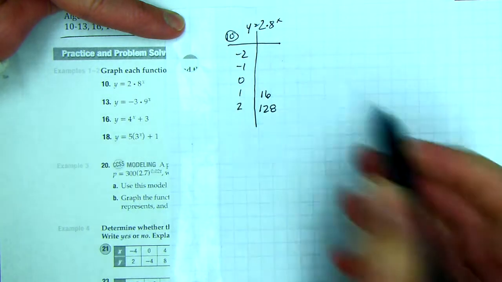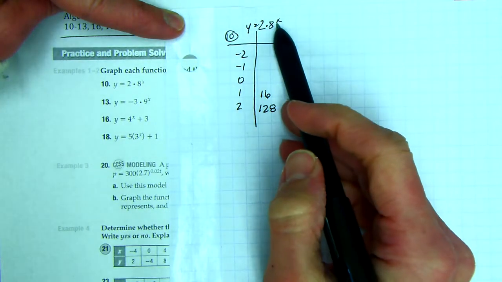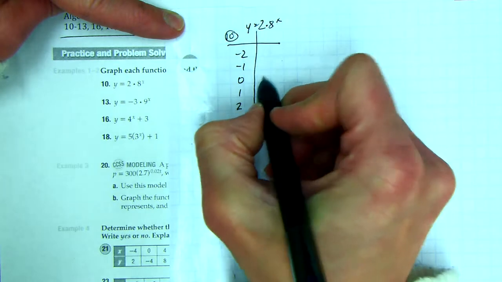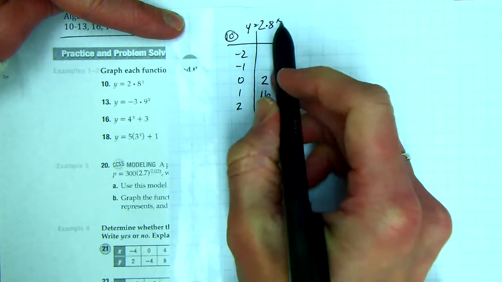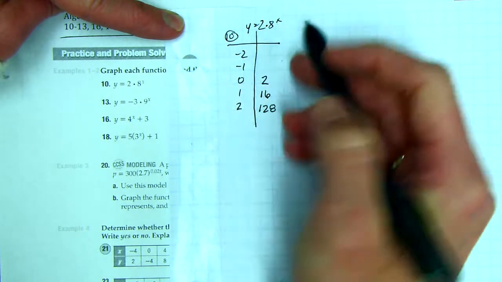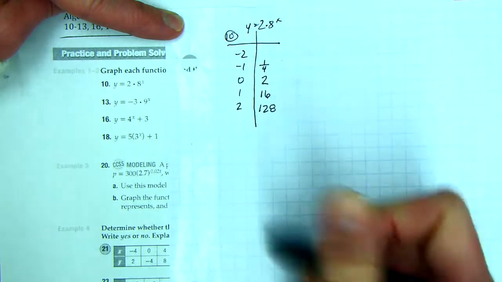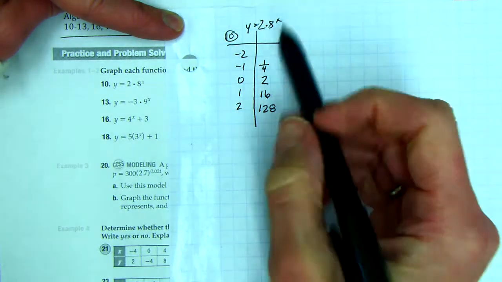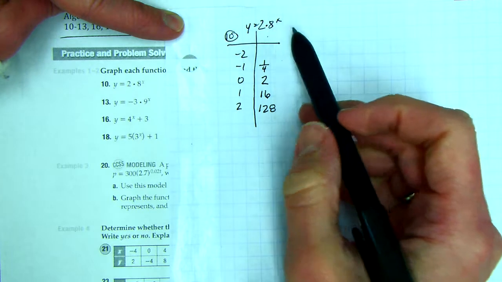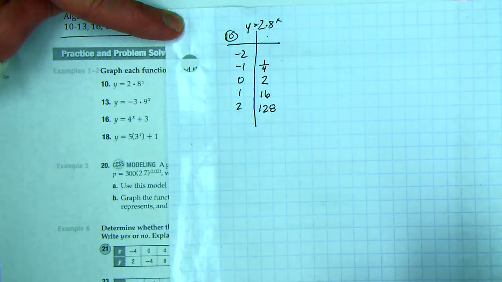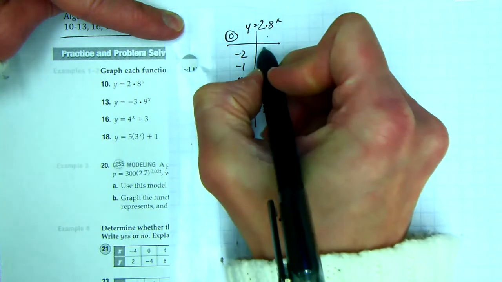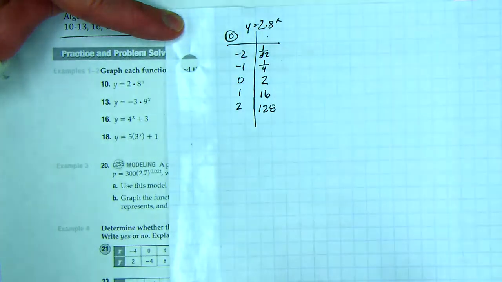Zoiks. If I put 1, that one's easy, this one's going to be 16. Then 0 is going to make the 8 to the 0 equal 1, and 1 times 2 is 2. If I put -1, that becomes a 1/8, and 1/8 times 2 is 1/4. And if I put -2 in there, that'd be 1 over 64, which would be 1 over 32 when I multiply it by 2.